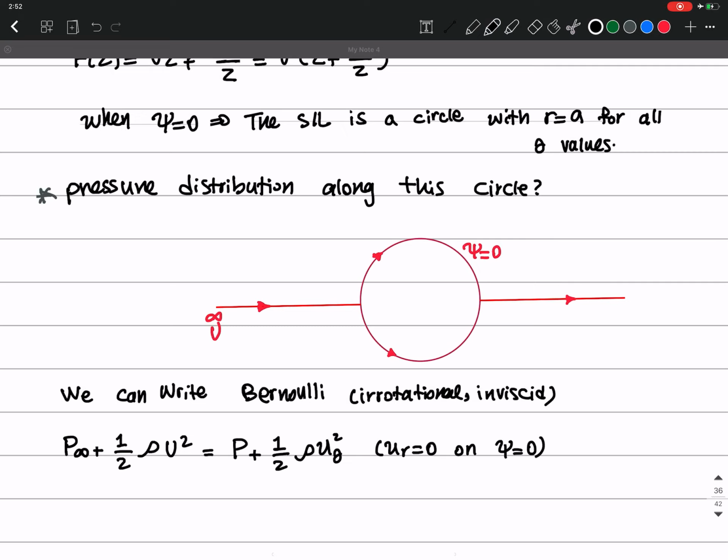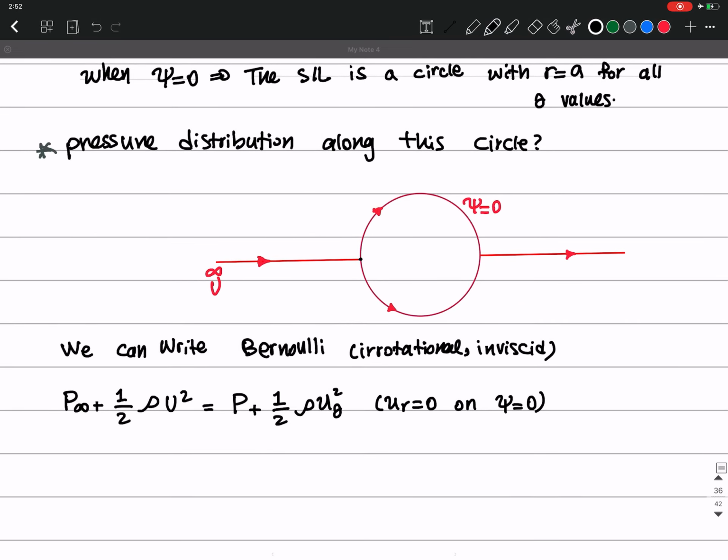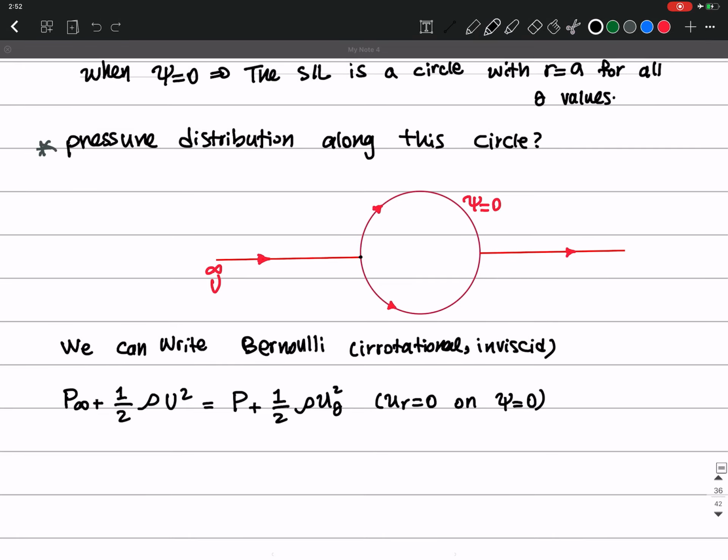Okay. So based on this, we can simply find the pressure at any point if we have this tangential velocity, right? We know that the velocity is going to be 0 at the stagnation point, so the pressure is just the sum of these two terms there. Based on this, we can define what I call a pressure coefficient, Cp, which is used a lot in designing airfoils.